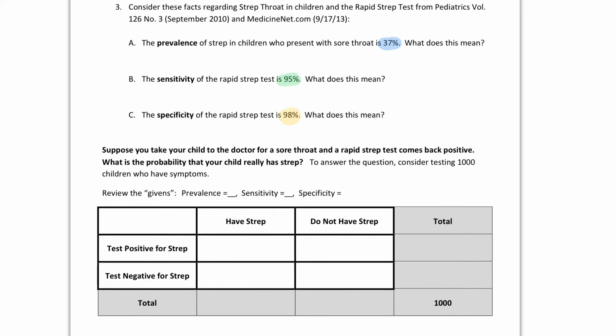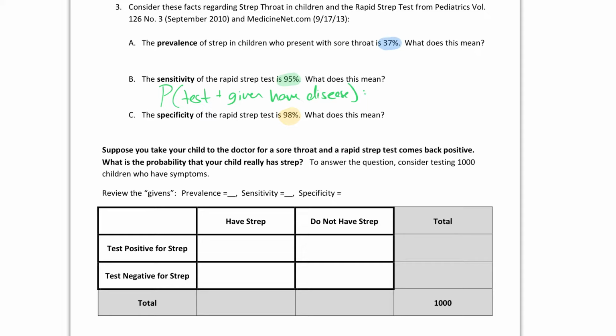Now we have to remember what sensitivity and specificity are. Sensitivity was the probability that they test positive given they have the disease.